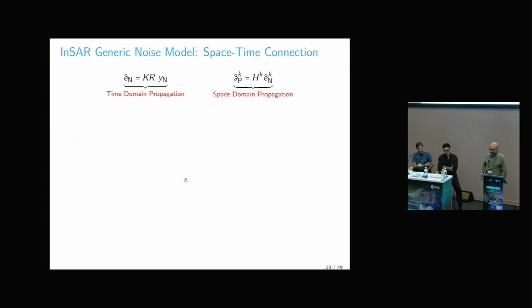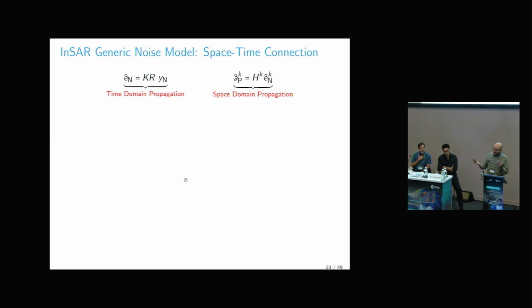But this En is for all the time series in all the interferograms. En with k is only for the k-th interferogram.